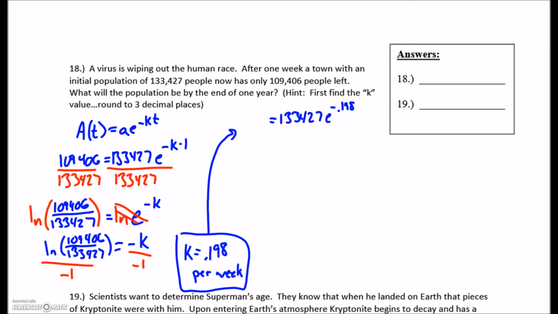And after 1 year, keep in mind that that k value is per week, so my time has to go in weeks. There are 52 weeks in a year, so I do 52 here. And now once again, this is a job for my calculator, so I just plug this thing in. And it looks like it gives me 4.5 people. All right, so I'm going to have around 4 or 5 people left. Maybe we would round this to the nearest whole person and say there's going to be 5 people left.